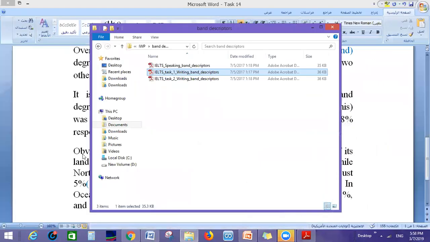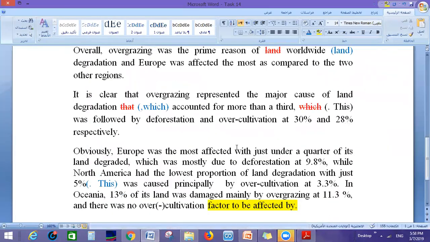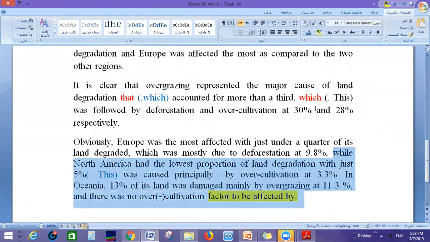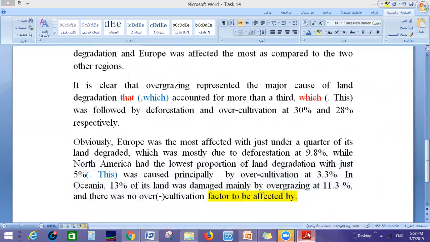So as you see, it's very important to be careful when we're presenting the key features in the overview, or when we're presenting them in the body, and so on. So here, you've just started to list all the other things that you haven't mentioned in the overview. Okay, so it's very, very important that you present your key features in the overview itself.